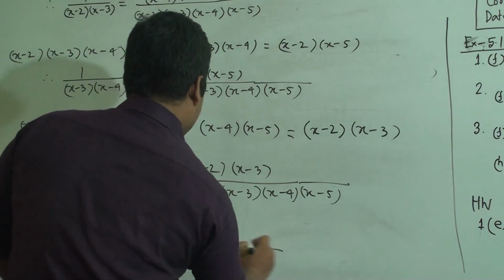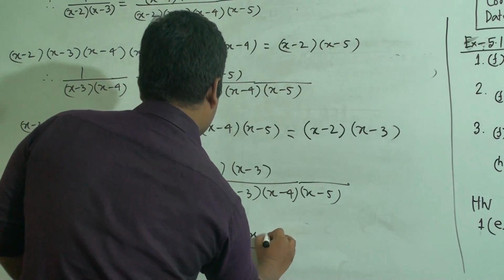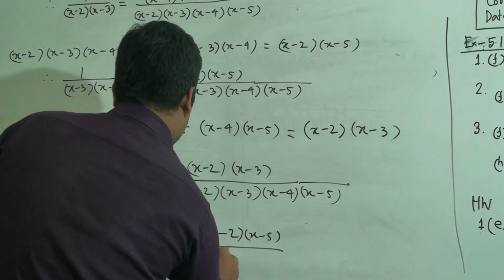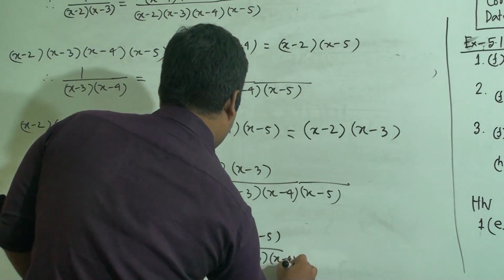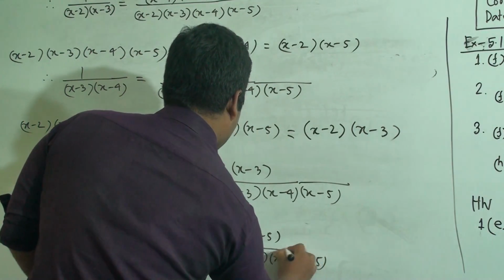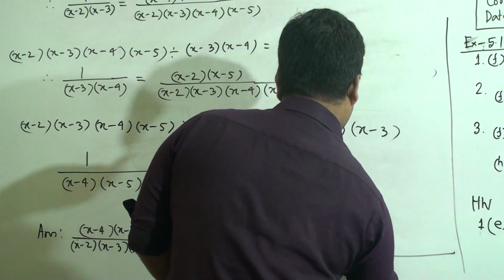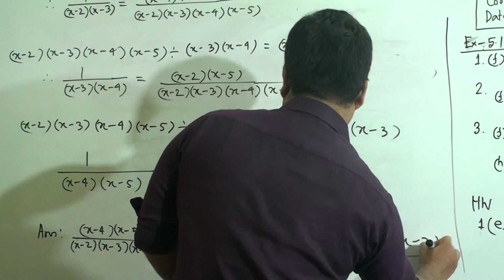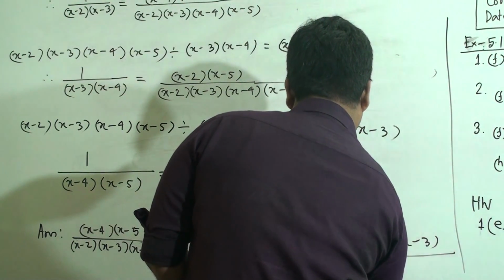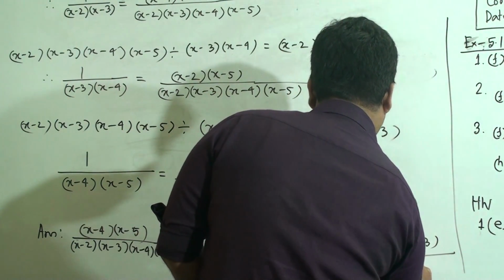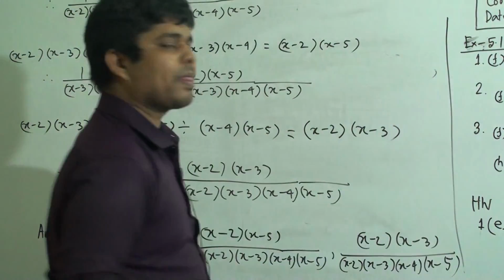Then the second one, x minus 2, x minus 5 over x minus 2, x minus 3, x minus 4, x minus 5. And the last one, x minus 2, x minus 3 over x minus 2, x minus 3, x minus 4, x minus 5.